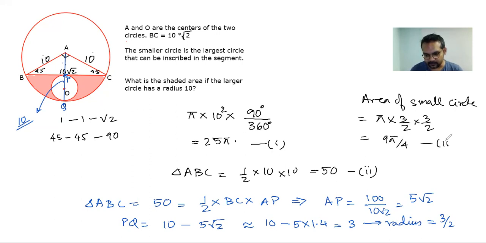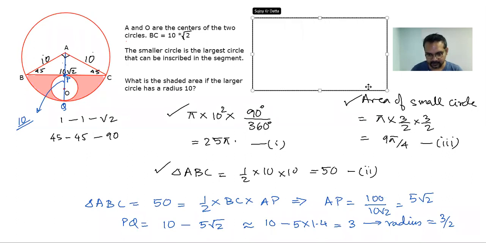So we have got point number 1, point number 2, and point number 3. So the last step is you just need to subtract. So the final part of the answer. So the required answer would be the total area 25 pi minus 50 minus 9 pi over 4.